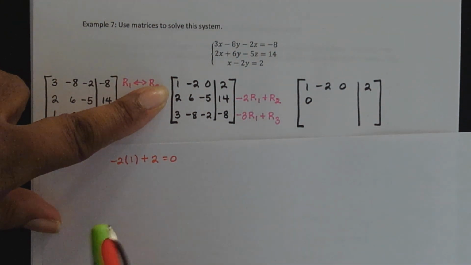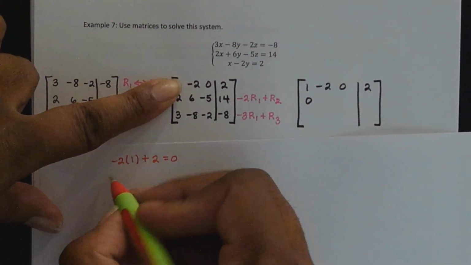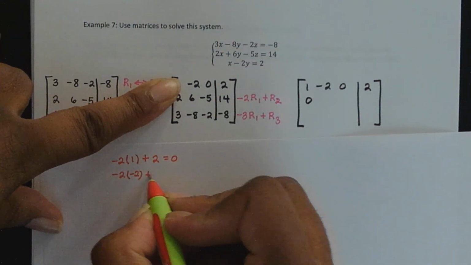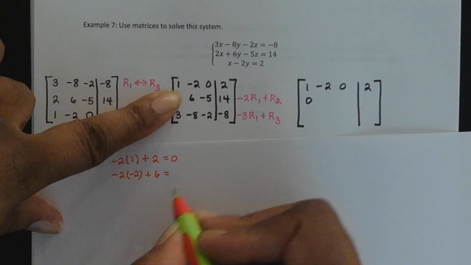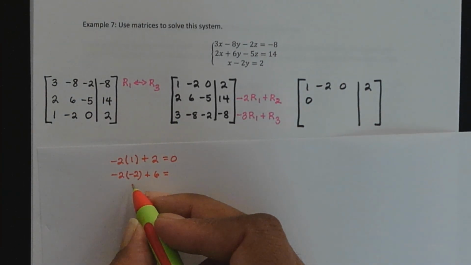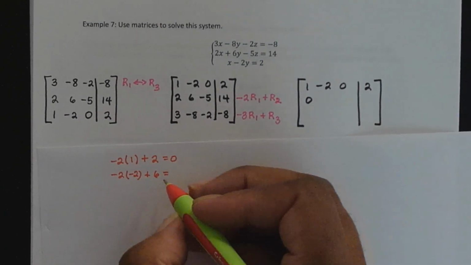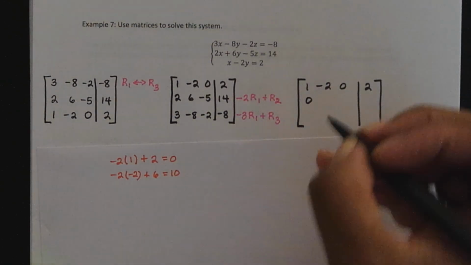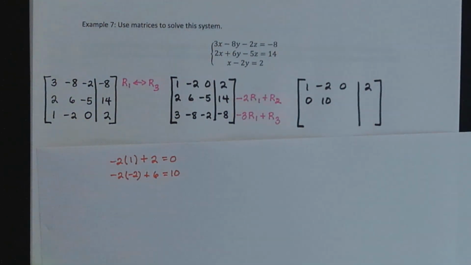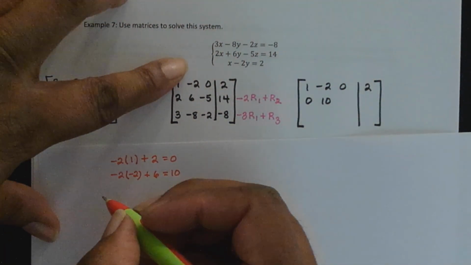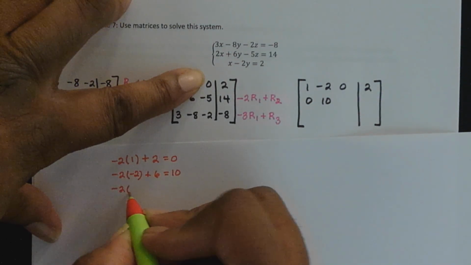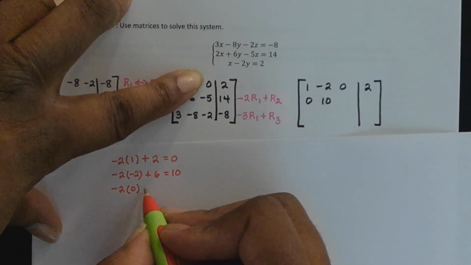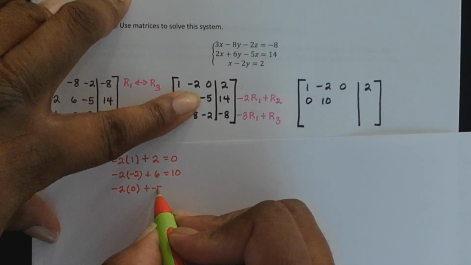And then negative 2 times this element in row 1, that's negative 2, plus its corresponding element, which is 6. Well, negative 2 times negative 2 will be 4. 4 plus 6 ends up being 10. So 10 goes here. And then negative 2 times this element in row 1, which is 0, plus the corresponding element in row 2, which is negative 5.